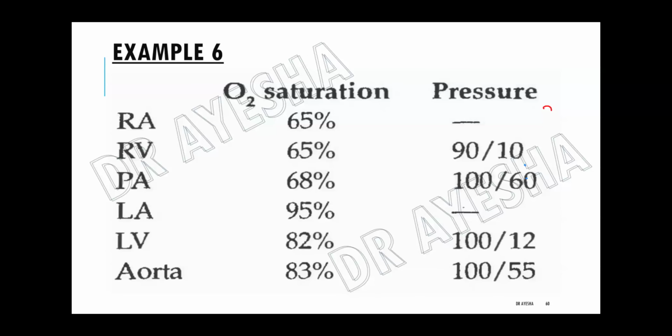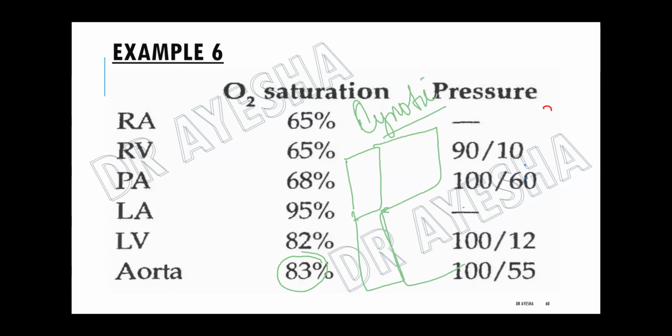First, we will see the saturation of the aorta, which is less. Very good. We are dealing with cyanotic heart disease. Then we will see all the saturations: right atrium 55%, right ventricle also 65, and pulmonary artery 68, almost touching the normal value, 70%.